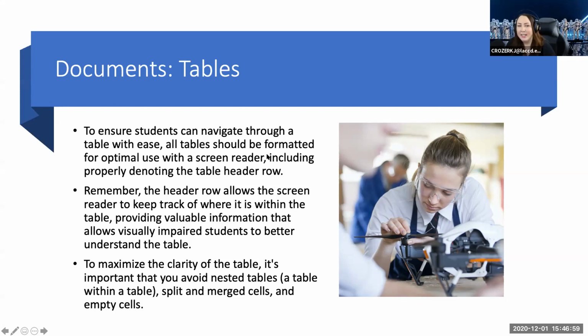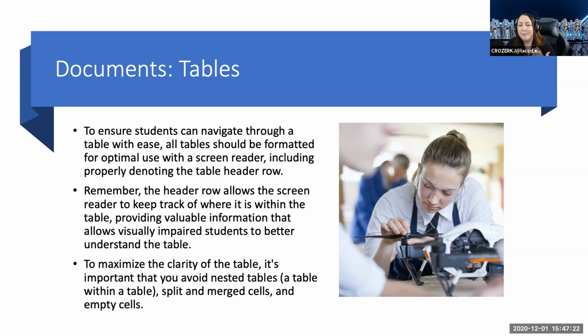So tables need to be formatted in such a way that a screen reader can tell what is the table header row. And like I was saying a few minutes ago, that's because you can read a table from left to right or from top to bottom. So a screen reader is going to struggle to know where to start reading. And if it reads in the wrong place, it's going to be very confusing.